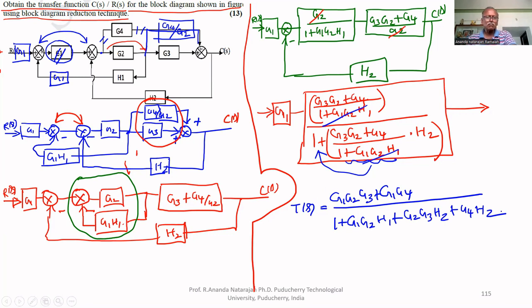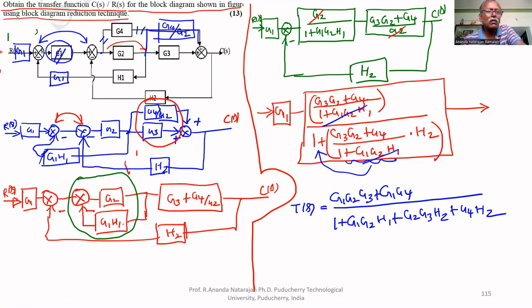Now let us solve the same by using Mason's gain formula. For that, we have to draw the signal flow graph. Let us draw that. To draw that, we have to mark the nodes.